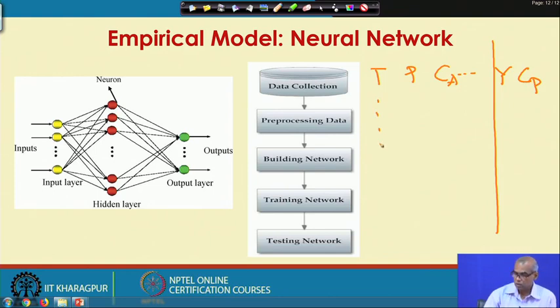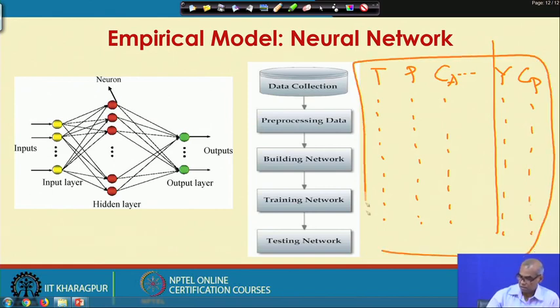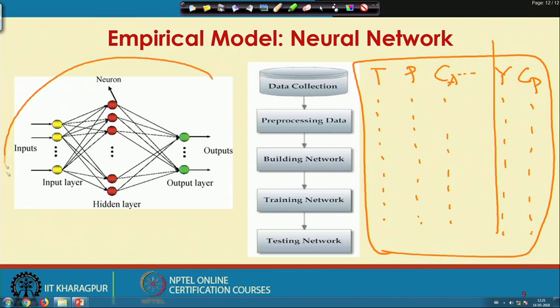So, we have a large amount of data that I have obtained during experiments, and then I use this data to build a neural network model, which involves data collection, then pre-processing the data, then building the network, then training the network.